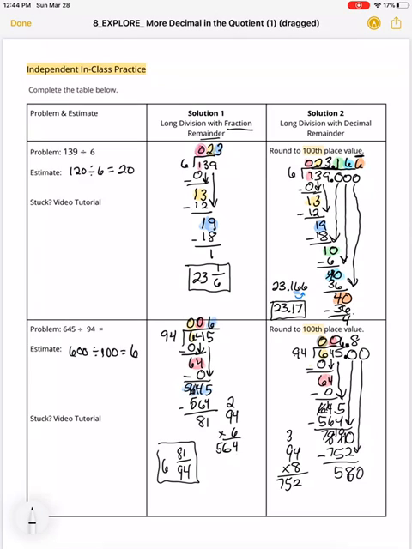Now I'm asking, how many times does 94 go into 580? And we already know that 6 goes in and gives us 564, so I don't think we can fit one more than that. So I'm going to go ahead and say 6 times 94 is 564, and then I'm going to subtract.